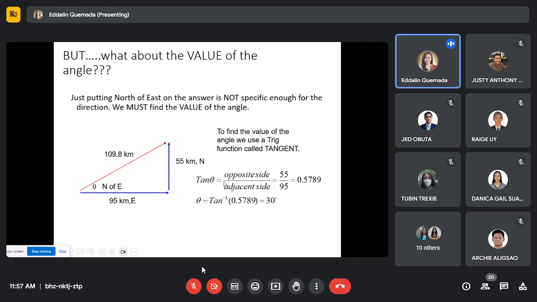So the complete answer for this problem: the magnitude is about 109.8, or rounding off to the nearest whole number, 110 kilometers, at 30 degrees. That's the angle of our resultant, 30 degrees north of east.